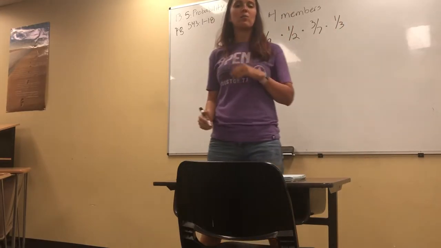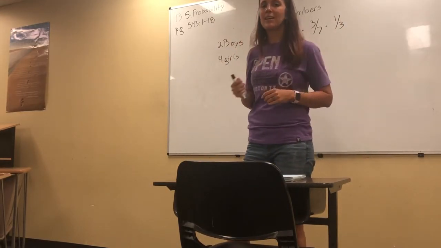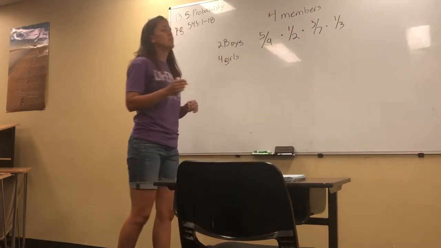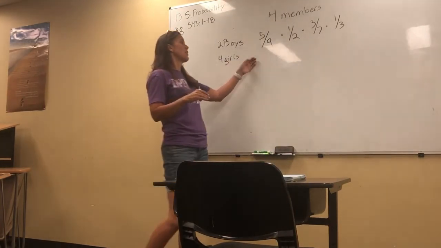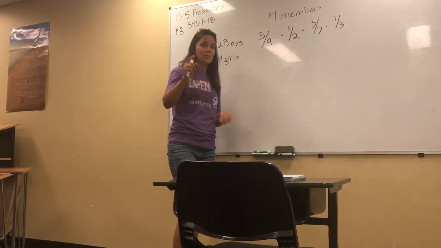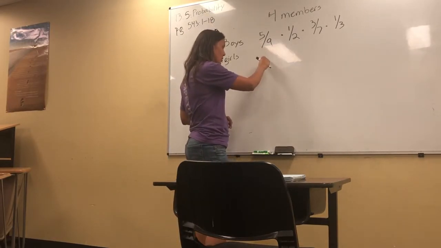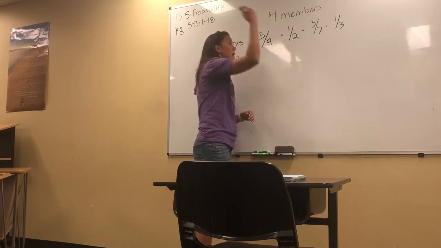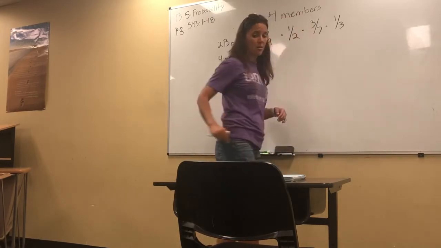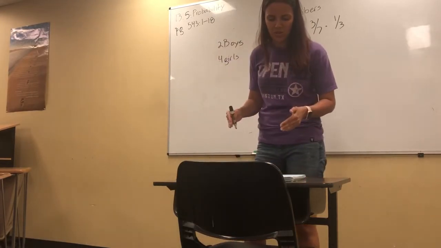Okay? Now, why are we multiplying instead of adding? Because I'm not saying what's the probability that I'll get a boy here or a boy here. I'm saying what's the probability that I'm going to get a boy here and a boy here and a boy here and a boy here. So you have to multiply them every single time.